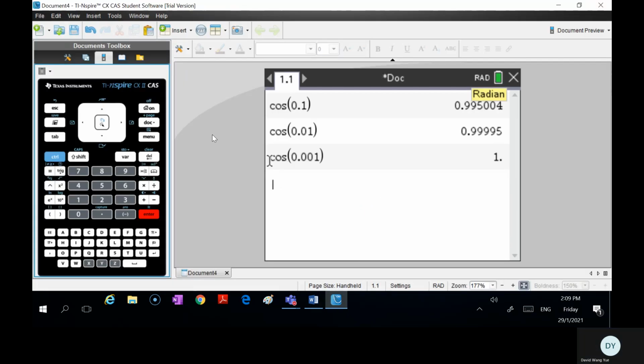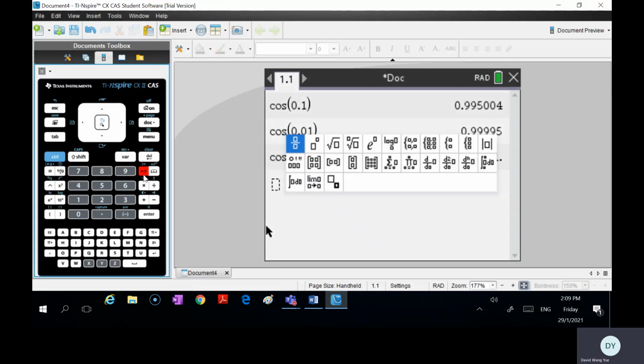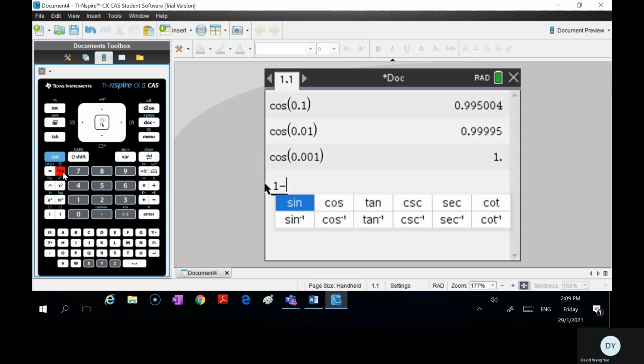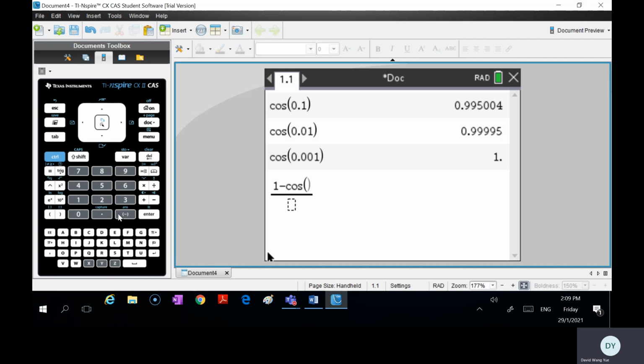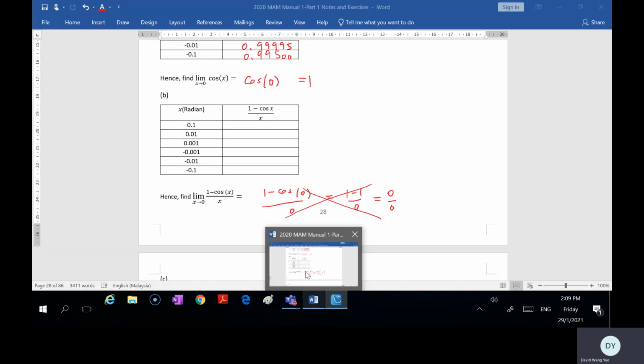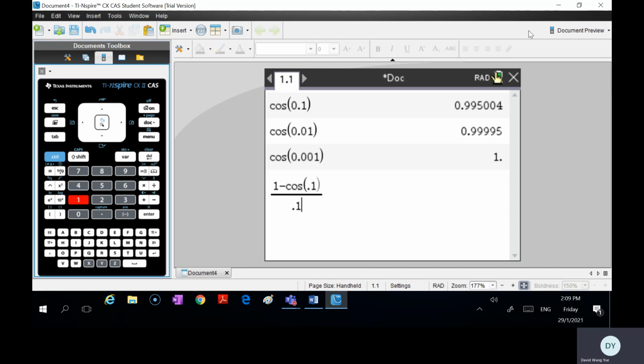So I'm going to get a fraction, and we'll get 1 minus cosine 0.1 over 0.1. Double check, 1 minus cosine x over x. So 1 minus cosine 0.1 over 0.1.